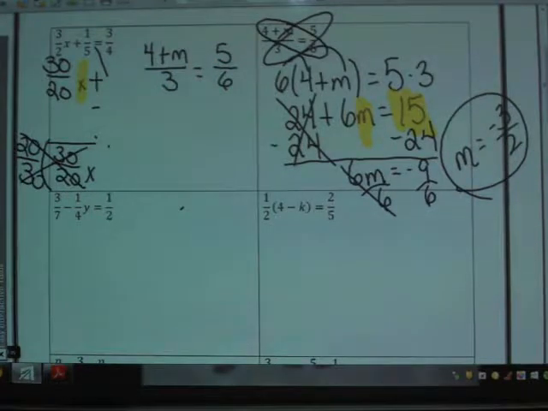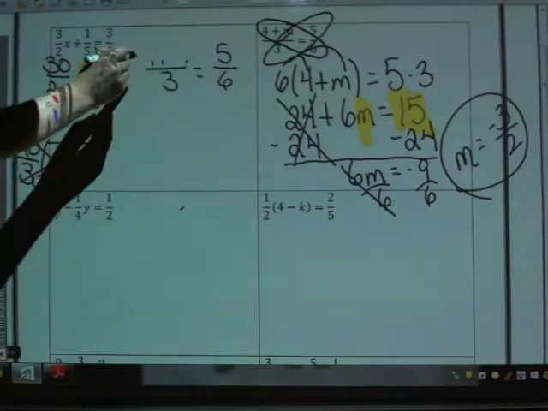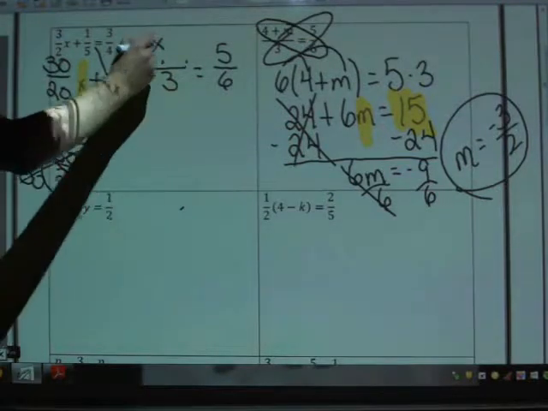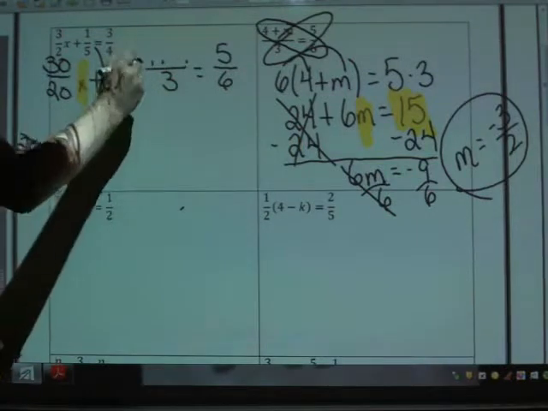Again, as we talked about in an earlier presentation here, pretend for just a minute that this top part just said x instead. Well, if that just said x, you know exactly what to do. We would be undoing dividing by 3 by multiplying by 3. Well, that's the exact same thing we're doing here, except it doesn't say x, it says 4 plus m.